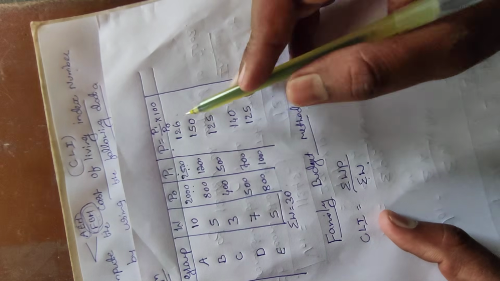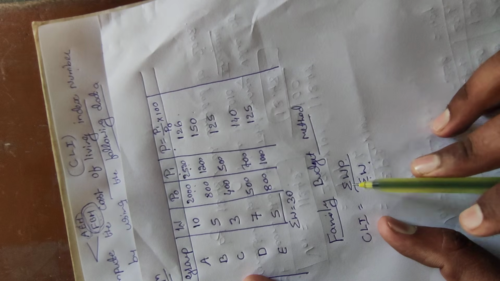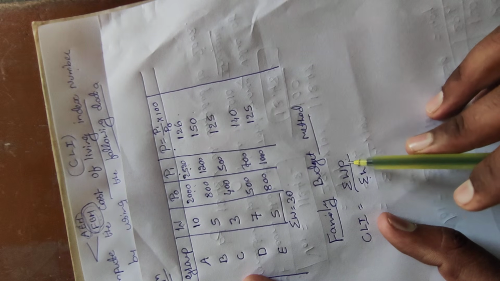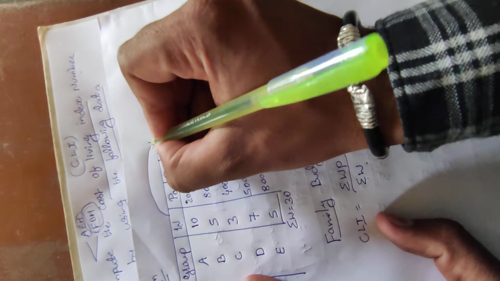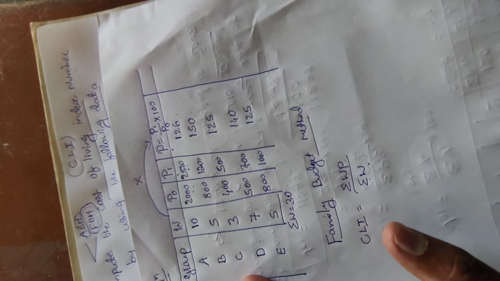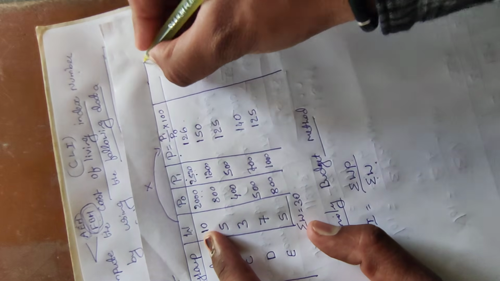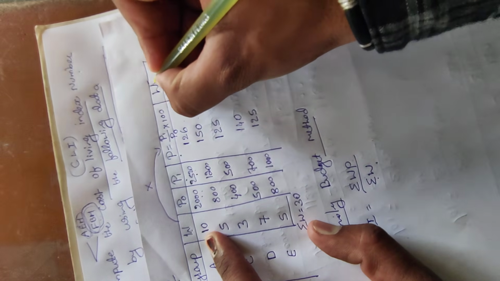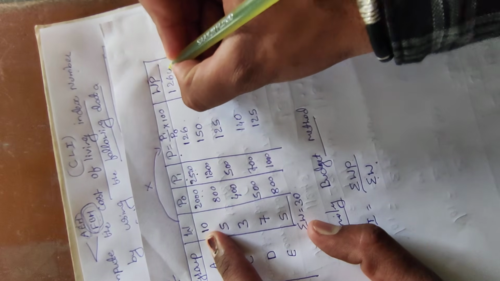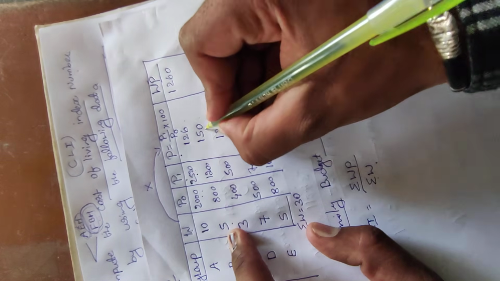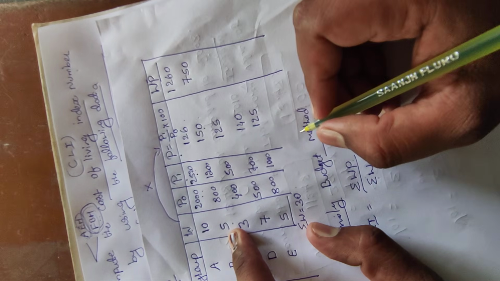After calculating the price relative, next we require the summation of WP. So we multiply W into P. 10 into 126 gives 1260. 5 into 150 gives 750.